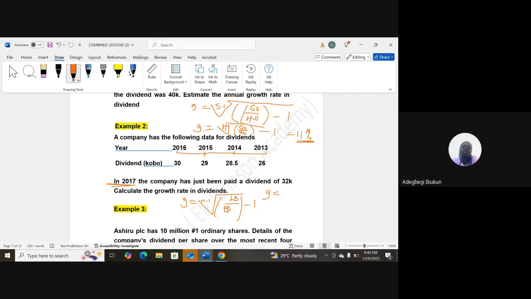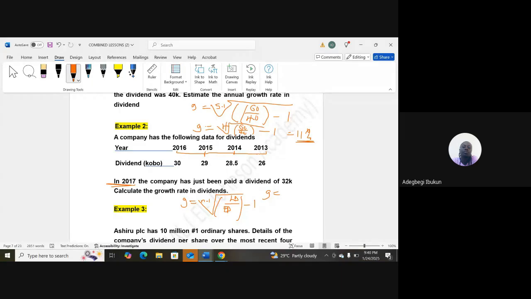Sir, it's not clear. I do not agree, because I think it's five years. I believe that with this formula, when you use n minus one, that is when it has the years. But in the situation whereby you use only n, that is when it talks about the rate of growth, like what you just counted now.